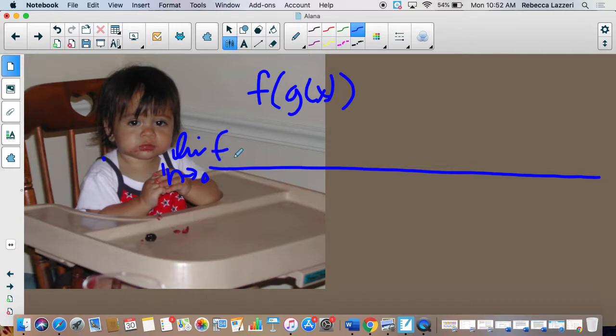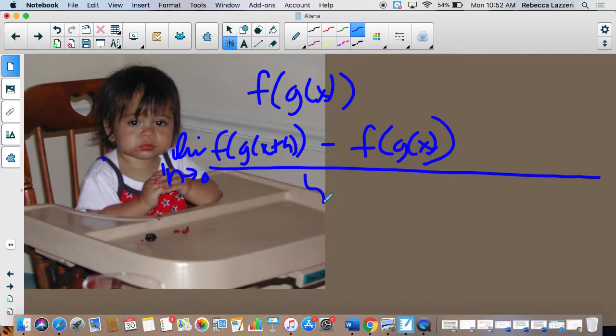So I have f of g of x plus h minus f of g of x over what? Over x plus h minus x, so over h. Alright, and then you can't really get anywhere with that, you're still stuck, okay? And you're going to insert something like I did the other day, so you get more used to what you're going to insert.